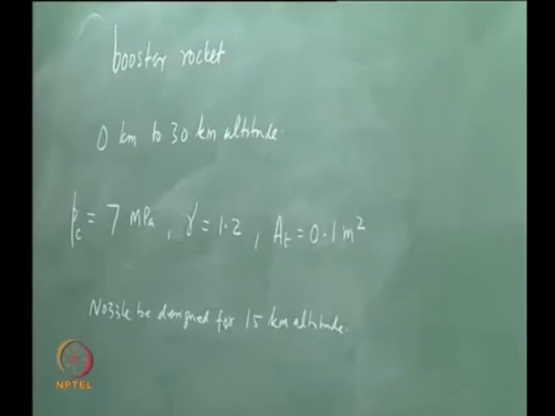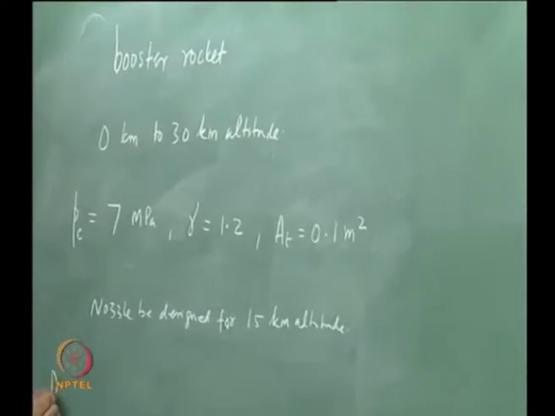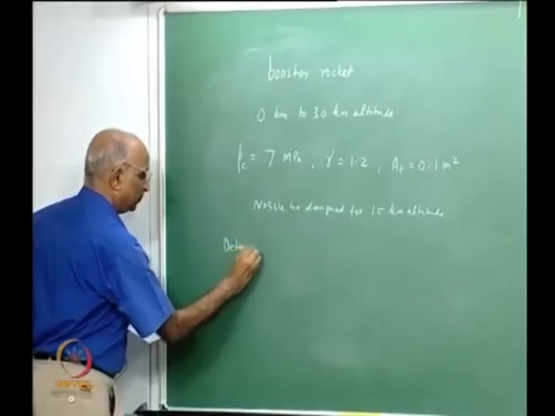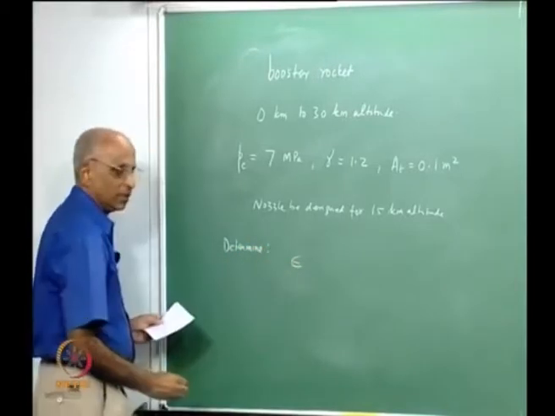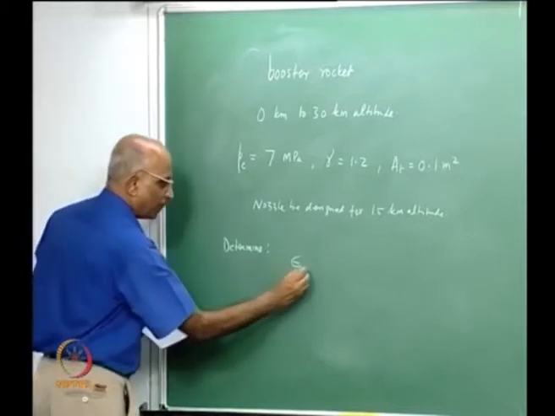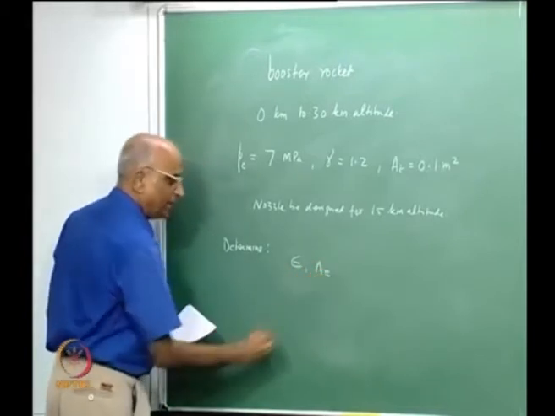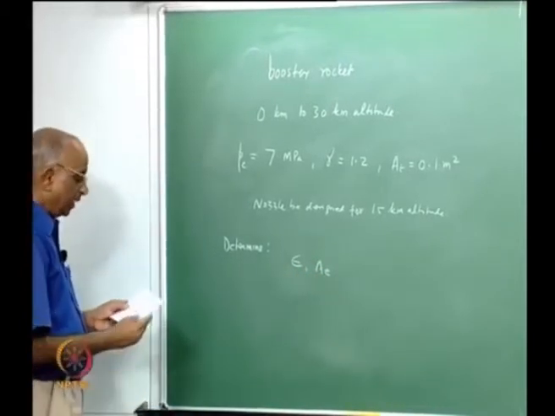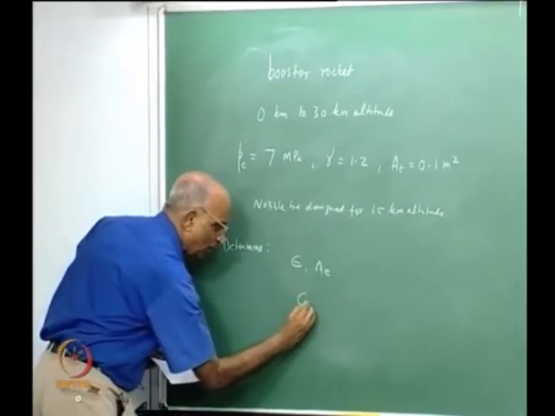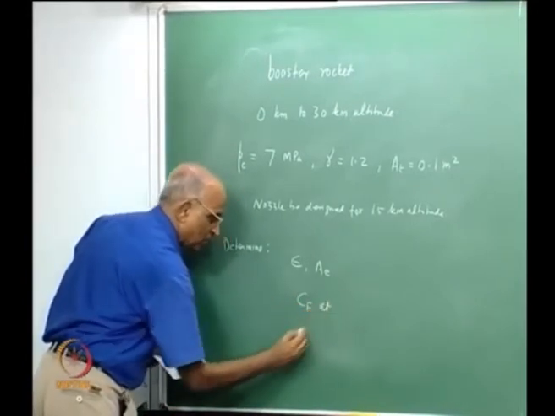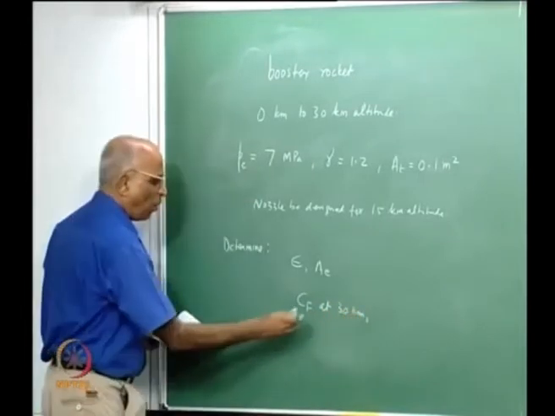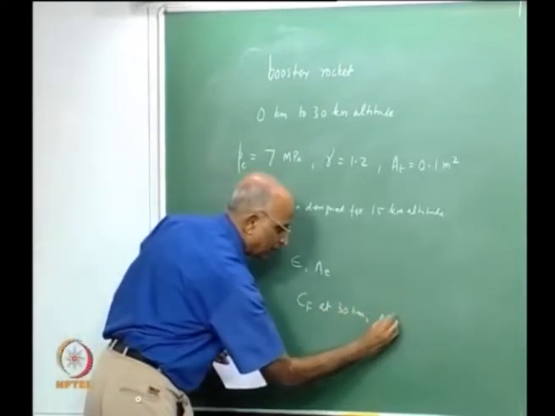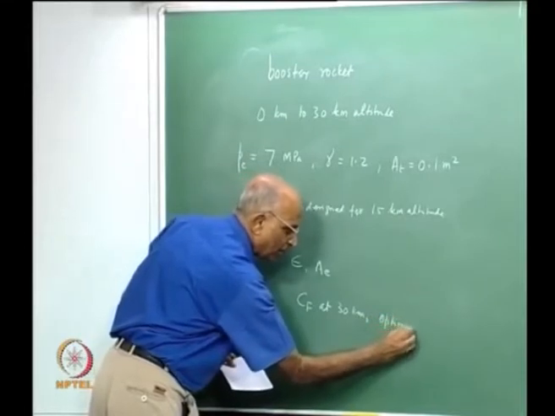Now, I want the following: determine the nozzle expansion ratio epsilon, the value of AE. Second, the value of CF, the thrust coefficient, at 30 kilometer altitude, and what is the optimum at 30 kilometer altitude.